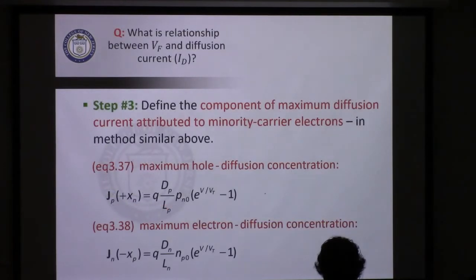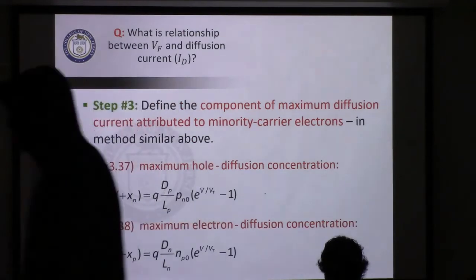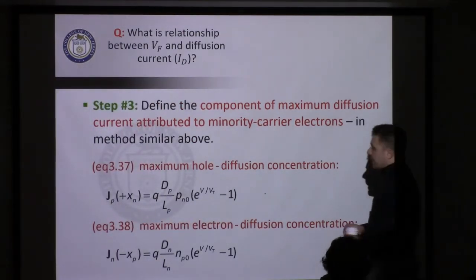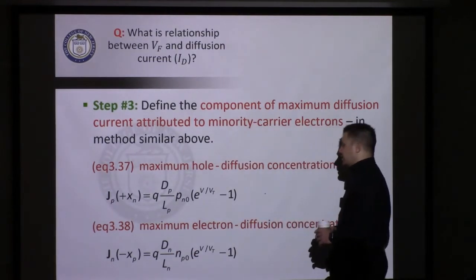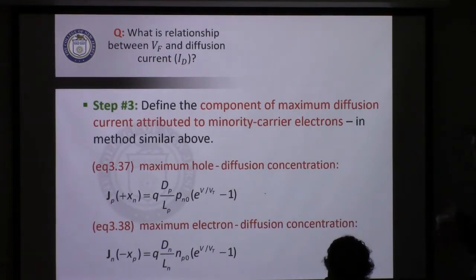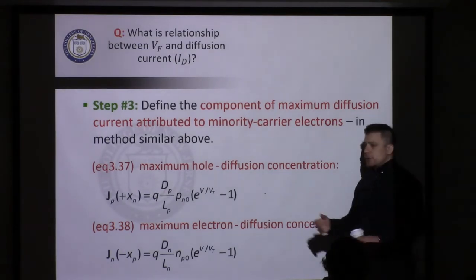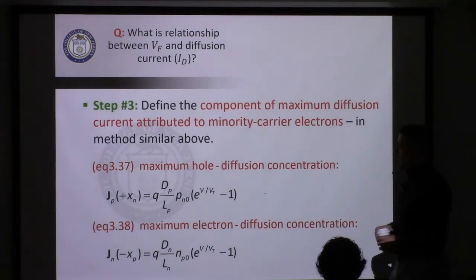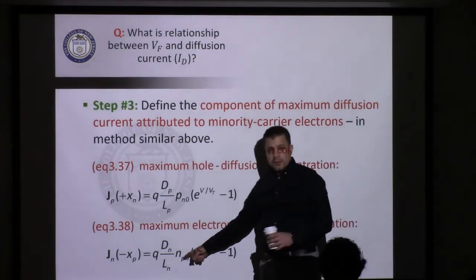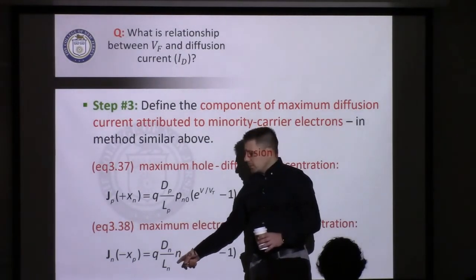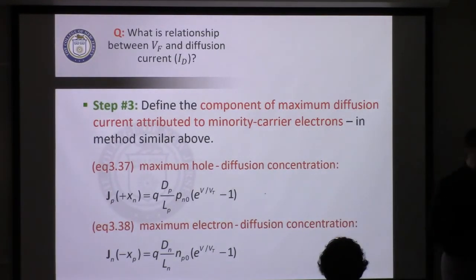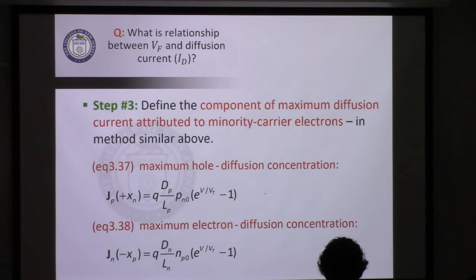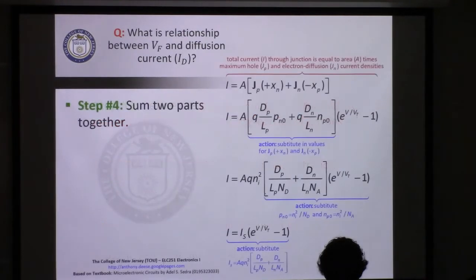Now we'll define a similar equation for the other side. We haven't done that yet, right? We've only been working with one side, so we can define a similar equation for the other side. Same structure, different diffusion constant, diffusion length, and then obviously we're going to use the thermal equilibrium value for the N as opposed to the P. And then, to get the total current, all we have to do is sum the two together.